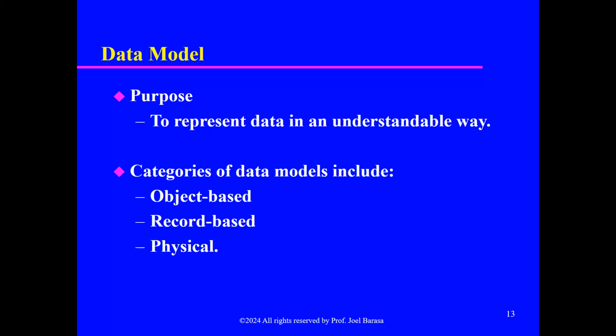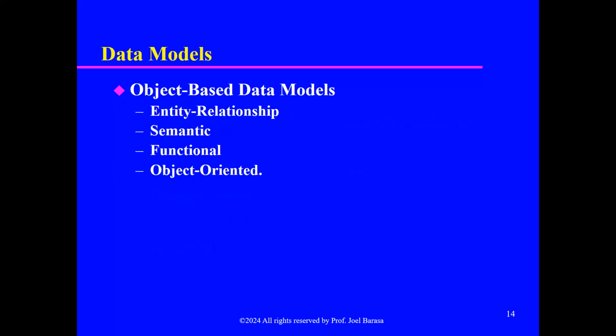Categories of these data models. Number one is object-based, record-based, and physical models. So what are the object-based data models? This entails the entity relationships, primary keys, foreign keys, candidate keys.